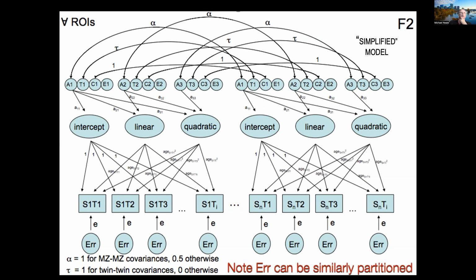By putting the actual age at assessment for each of the occasions of assessment onto the path in the path diagram. And for the quadratic part, we simply square those ages at assessment and stick those on the paths from the quadratic factor to the observed variables.